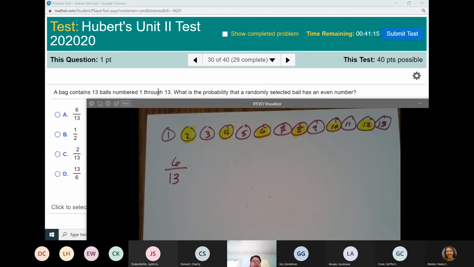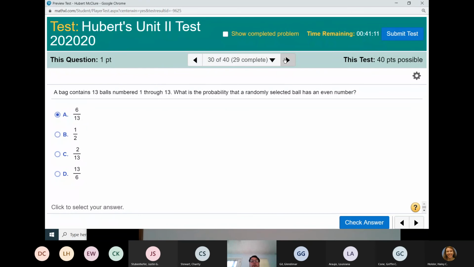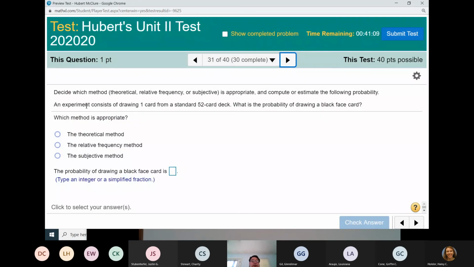Decide which method, theoretical, relative frequency, or subjective, is appropriate and compute the estimate for the probability. An experiment consists of drawing 1 card from a standard 52 card deck. What is the probability of drawing a black face card? All right, so do you have a deck of cards in front of you?